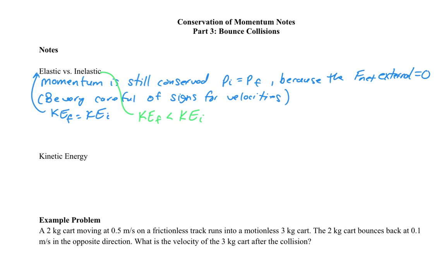In both of these cases, we can find that the object bounces. So in a perfectly inelastic collision, and we say that it's perfectly inelastic because the two objects stick. In a regular old generic elastic collision, they bounce.